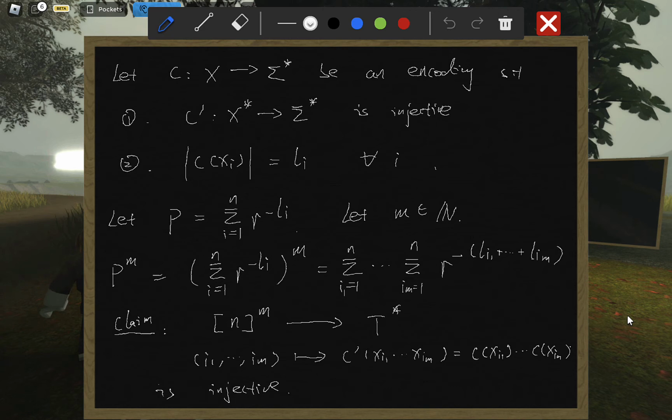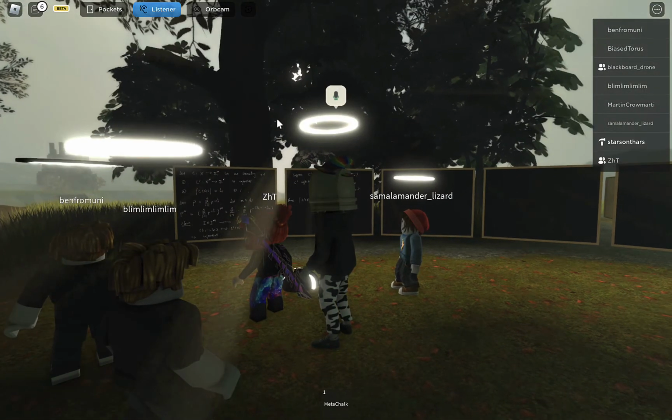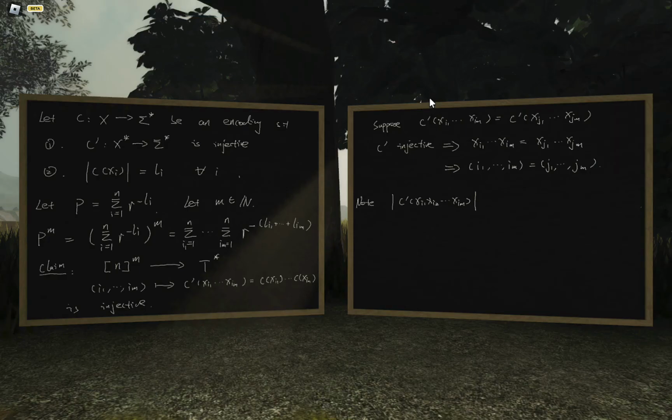So we also note that the length of this word will just be the sum of these numbers.